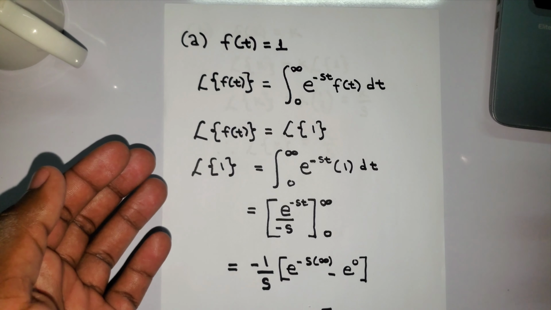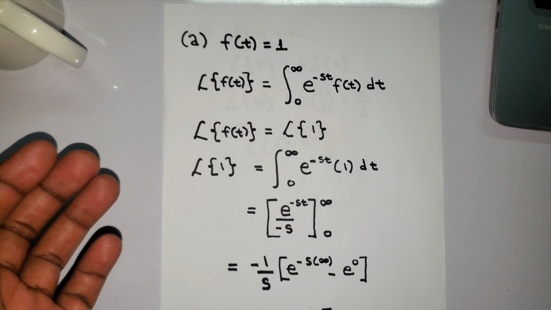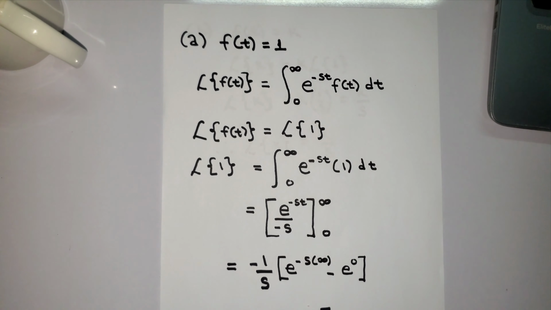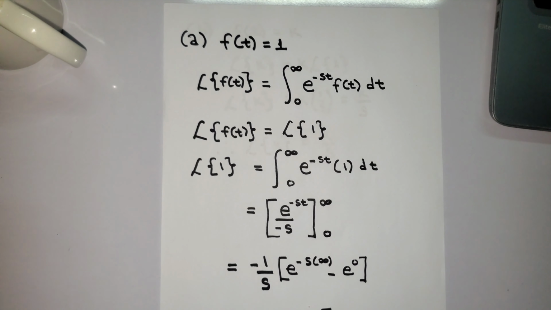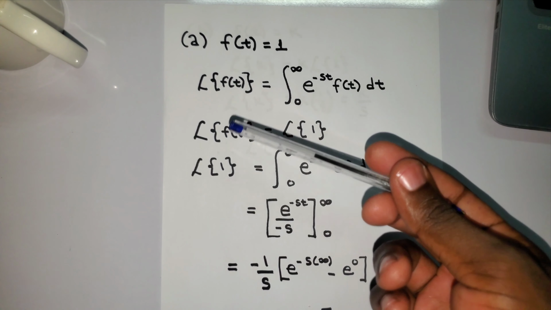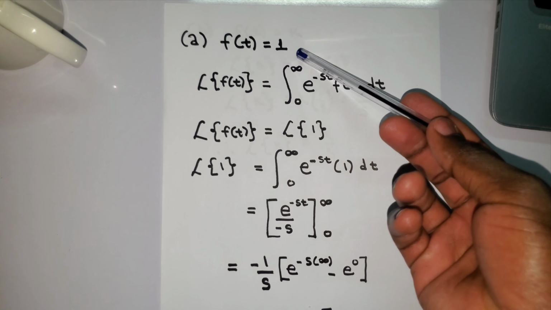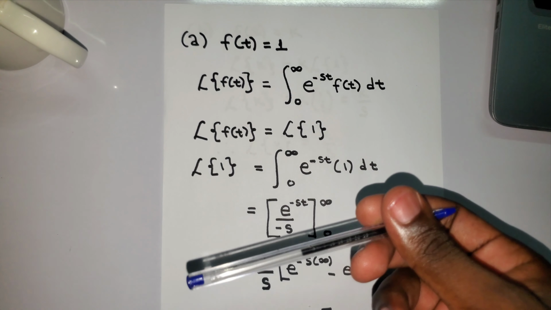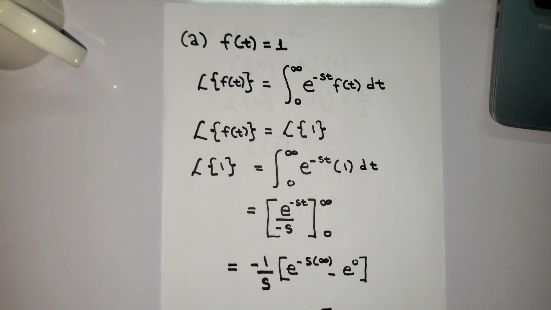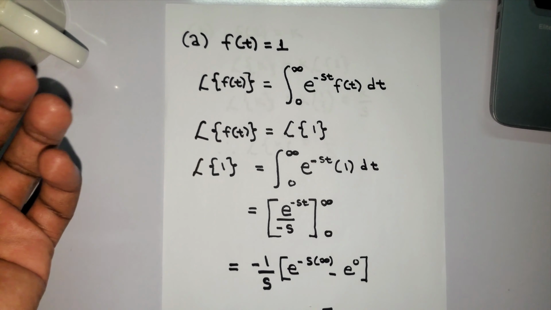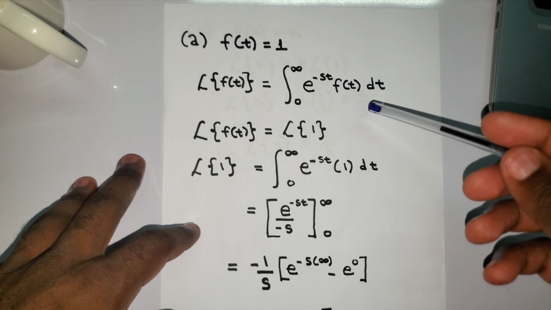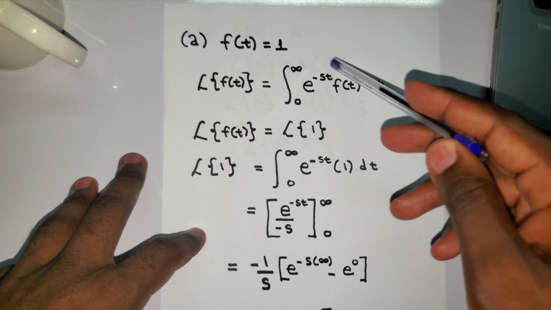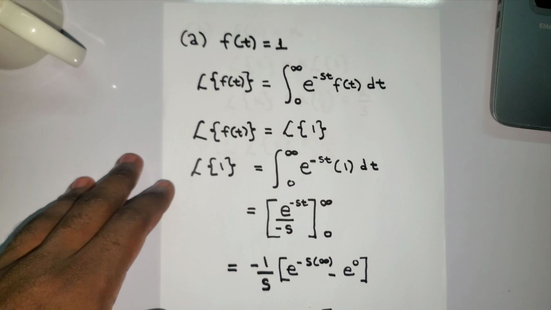Given a function, so f of t is equal to 1, we can perform the Laplace transform of that function simply by putting a 1 where there's f of t in the definition of the Laplace transform.